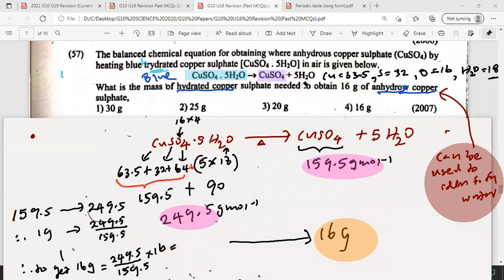What is the answer you get? Now do this calculation and tell me the answer. To get 159.5, you need this much: from 249 required to get 159. To get 16, multiply this by 16.